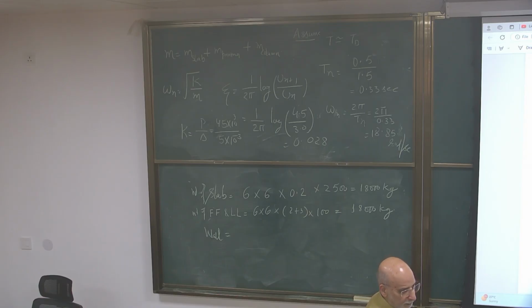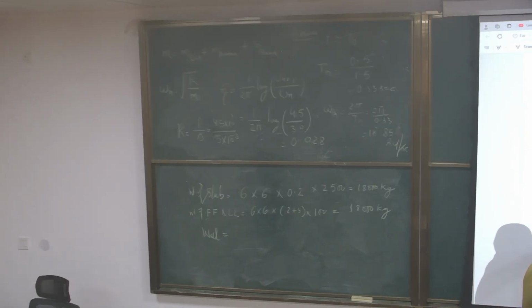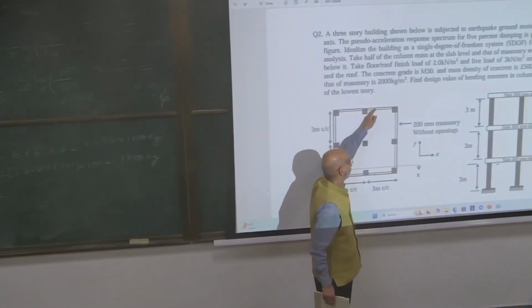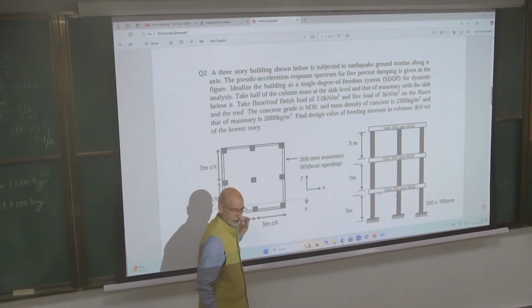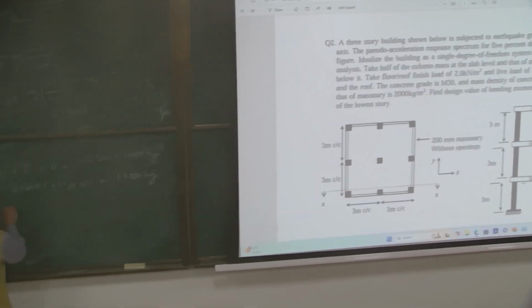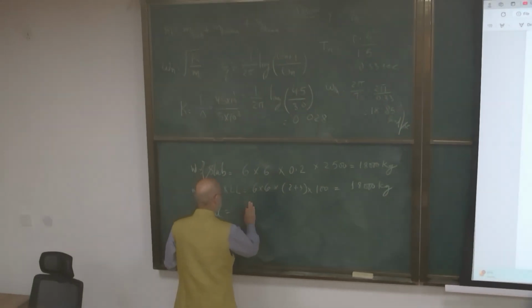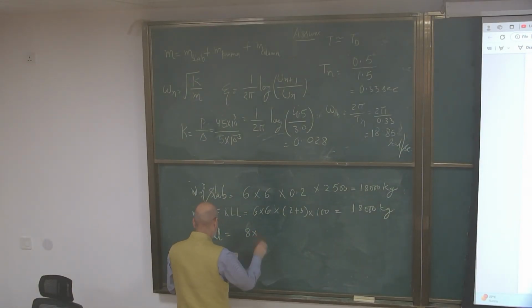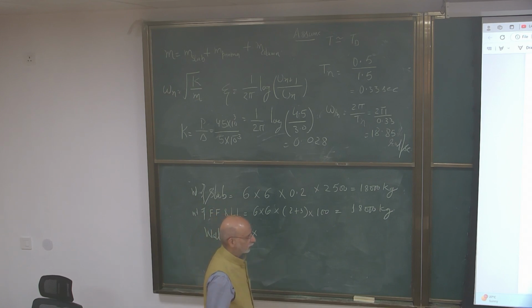How many? 1, 2, 3, 4, 5, 6, 7, 8. Okay? Eight walls. And the height of each wall, 3 meter. Thickness is 0.2.